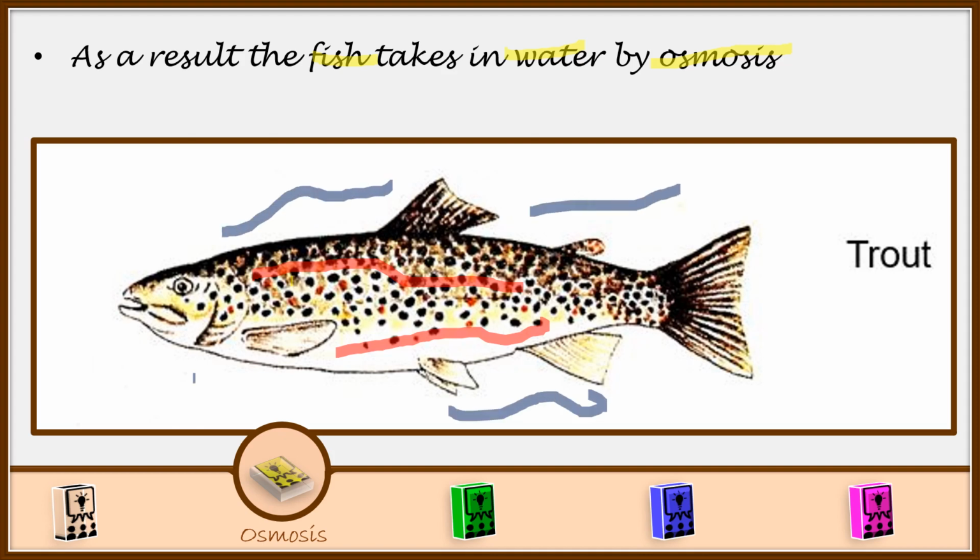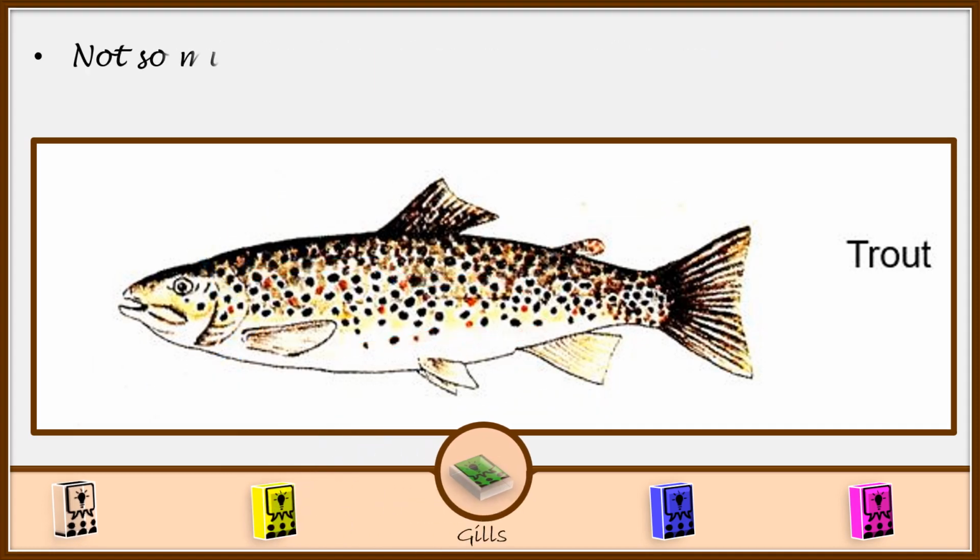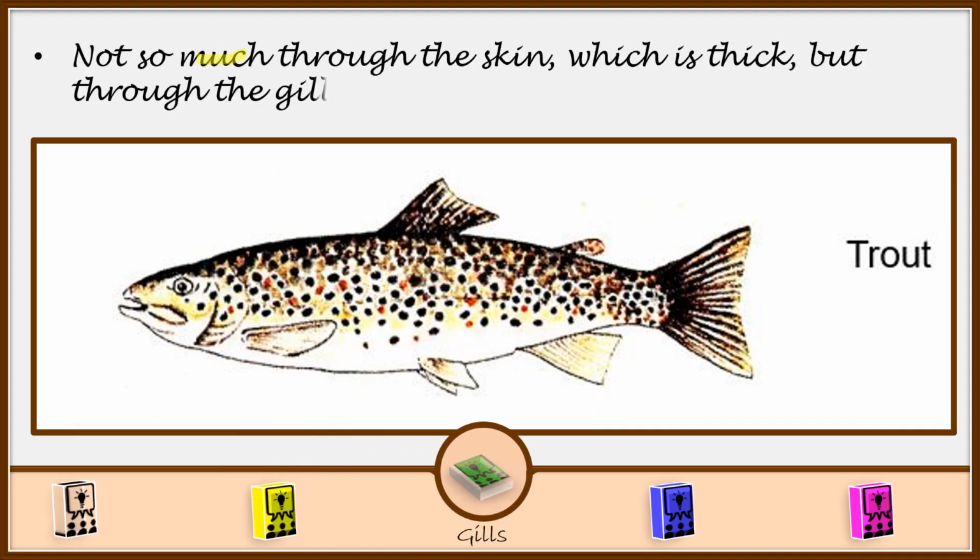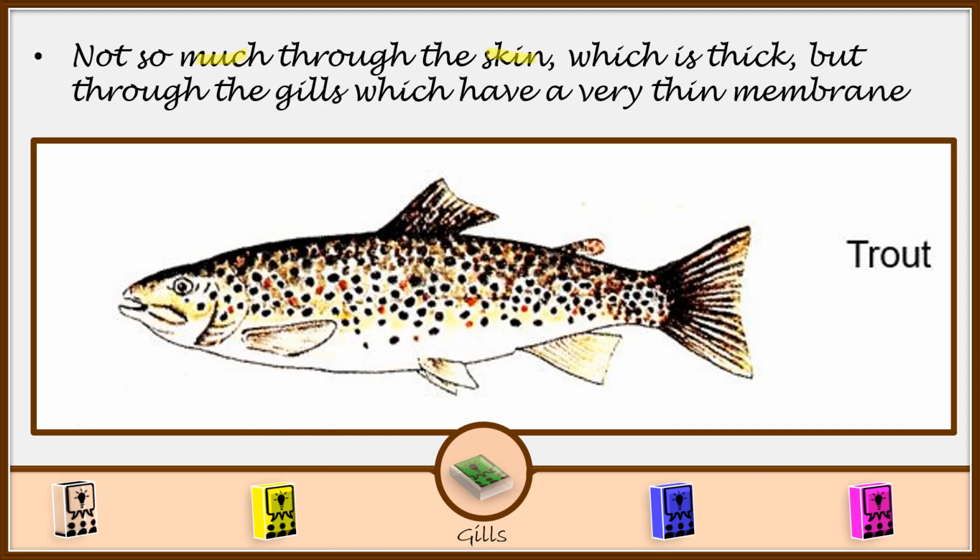So the fish will take in water by osmosis. Water will enter the fish by osmosis, not so much through the skin, which is thick, but through the gills, which have a very thin membrane.